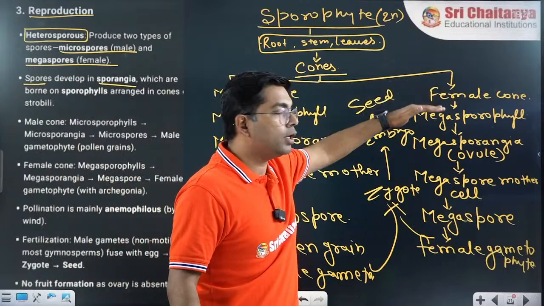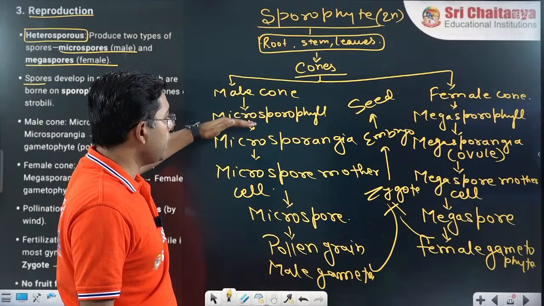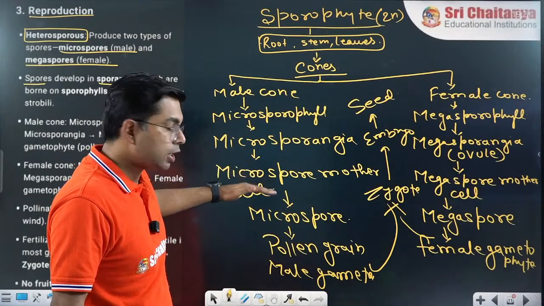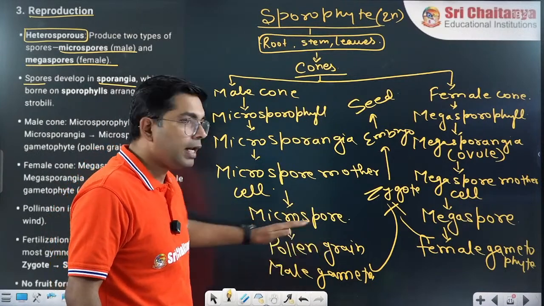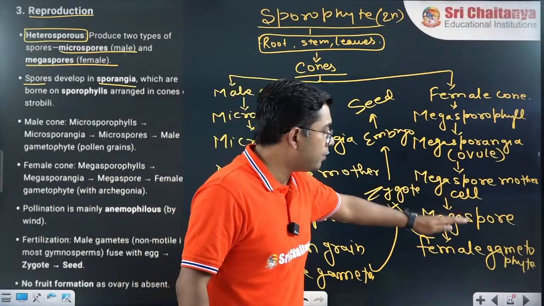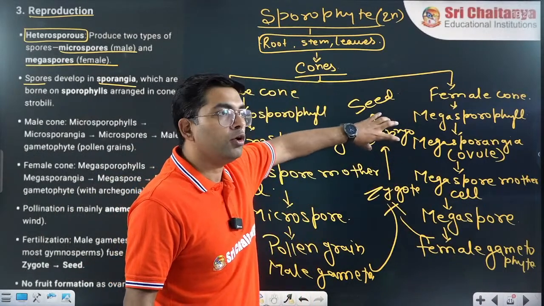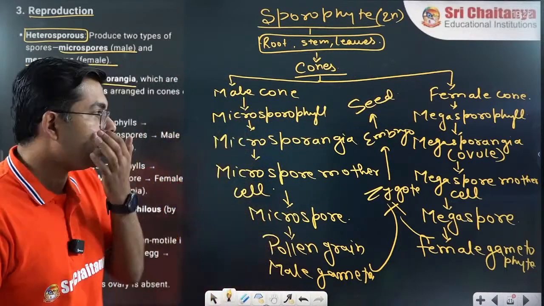Inside the female cone is megasporophyll. Microsporophyll forms microsporangia, which has microspore mother cell, which undergoes meiosis to form microspore, which develops into male gametophyte, and this develops into female gametophyte. Finally zygote is formed, embryo is formed and seed is formed. So I hope this point is very much clear.